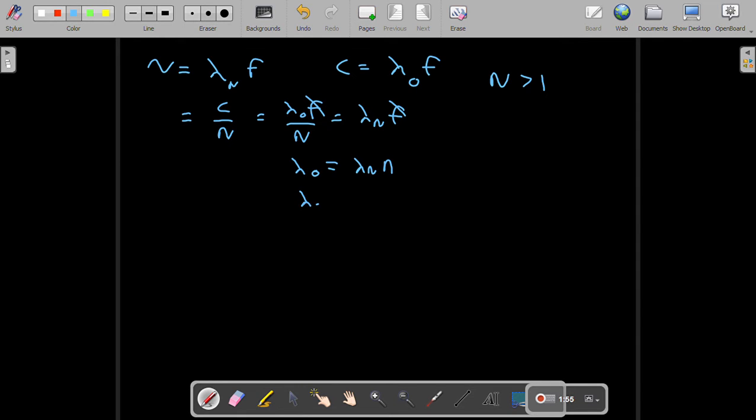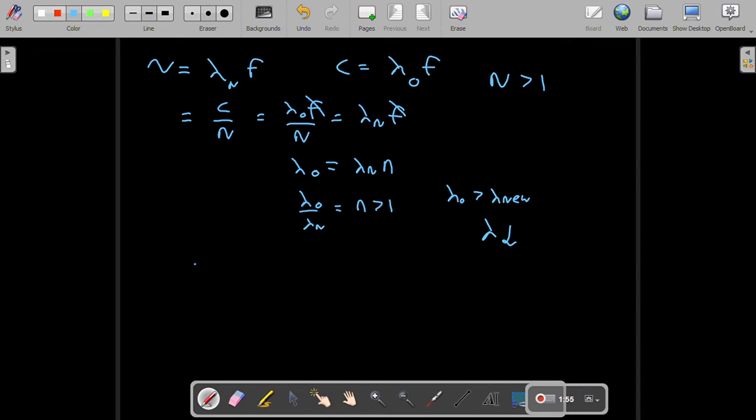So that means lambda naught over lambda n equals n and is greater than 1. So that means the old wavelength must be greater than the new wavelength, meaning the wavelength actually dropped when we shot it into this new medium with a higher index of refraction. So lambda decreases. What does that mean for the interference pattern?